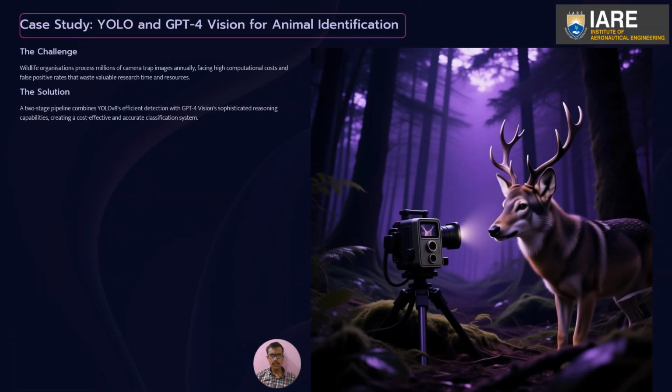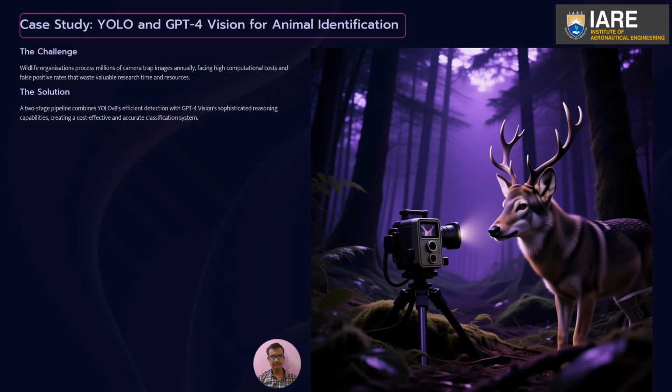Now let's go through a case study. YOLO and GPT-4 vision for animal identification. The challenge is that wildlife organizations process millions of camera trap images annually, facing high computational costs and false positive rates that waste valuable research time and resources.